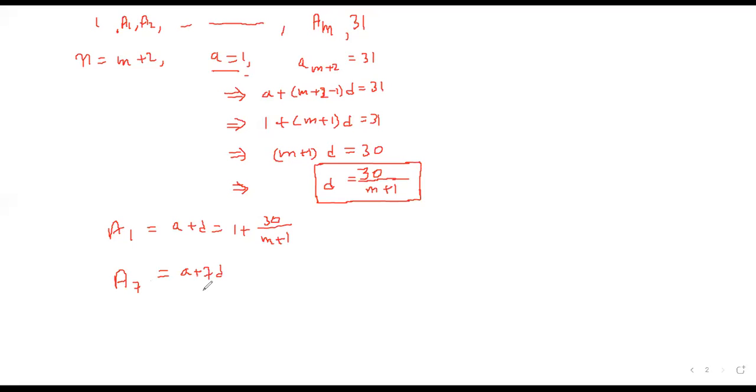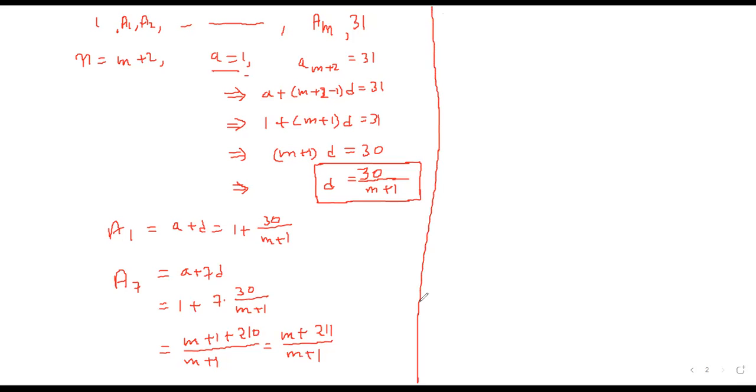This is not the 7th term, it is the 7th AM, where a is 1 and d is 30 upon m plus 1. So we write m plus 1 plus 7 threes are 21, 210, over m plus 1, which is equal to m plus 211 over m plus 1.